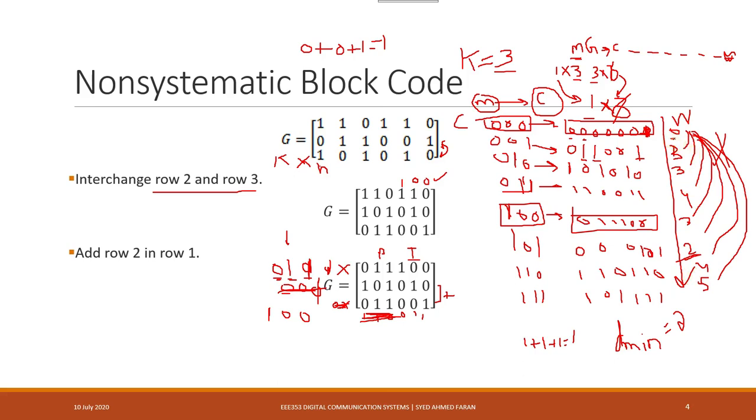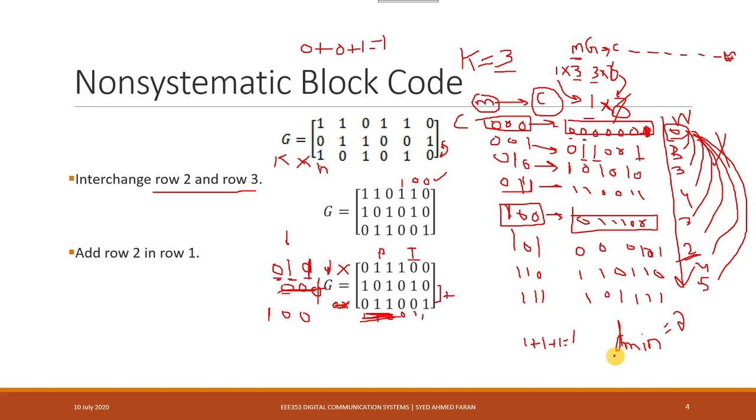Please note that this weight is not included, because the all zeros code word is always present in the linear block code. Please remember this, that the all zeros code word is always present in the code. Since it will always be present in the code, its weight will always be equal to 0. So the minimum weight would always be 0.